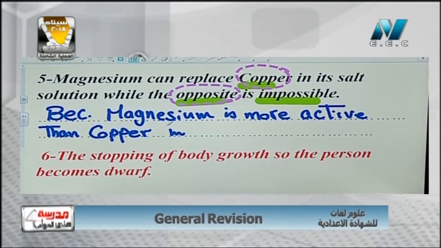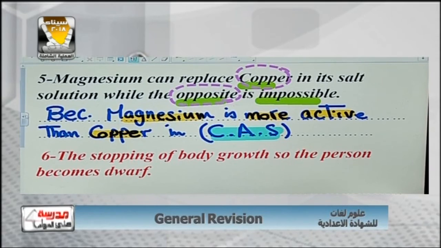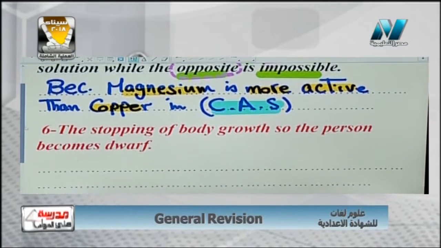In chemical activity series. هو انشط منه فين؟ In chemical activity series. يبقى هقول له because magnesium is more active than copper فين؟ In chemical activity series، او متسلسلة النشاط الكيميائي يعني.